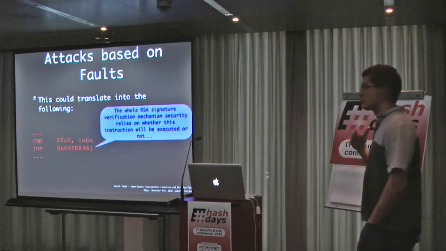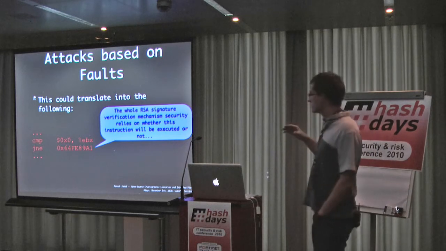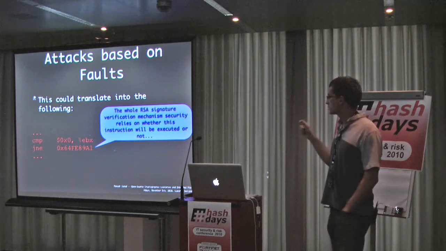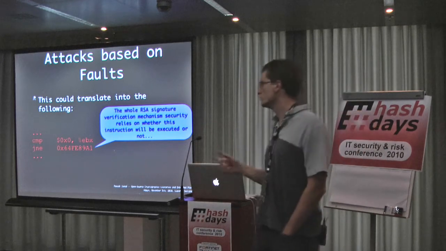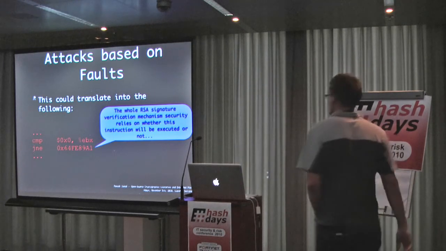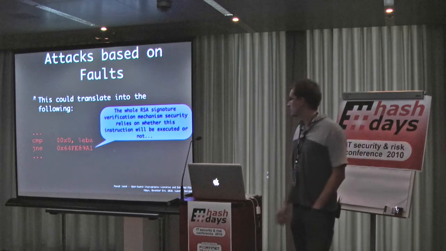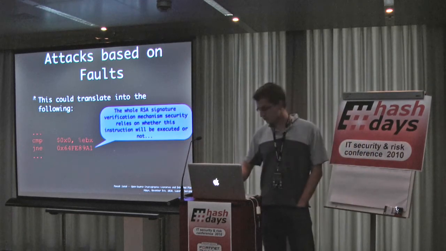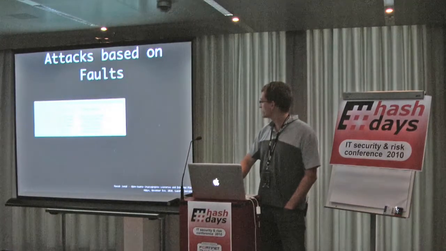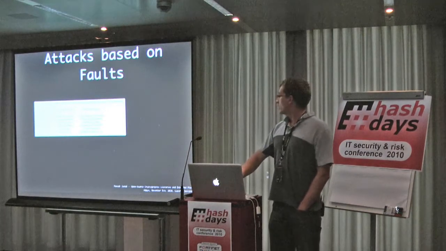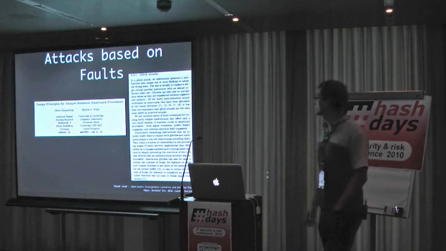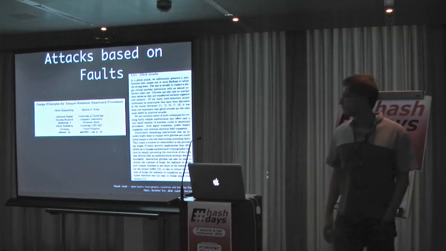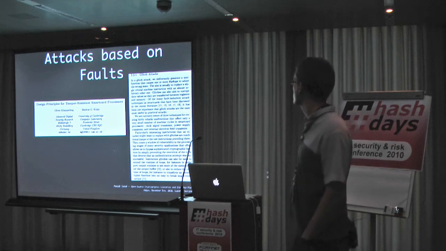So if you are able to transform this jump instruction into a jump always, or just to vanish it using some magic tricks, then the whole secure boot process will fail. And this has been proposed about 20 years ago, also against smart card processors, by people from the University of Cambridge.